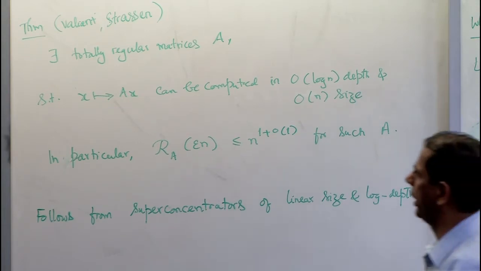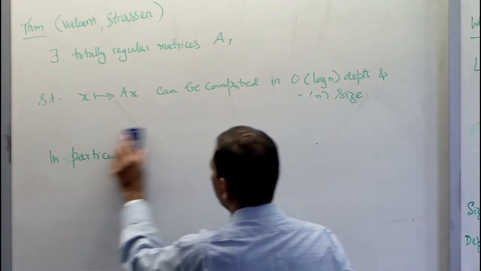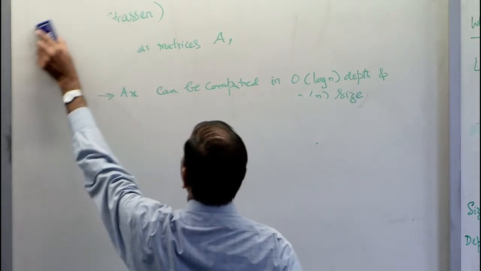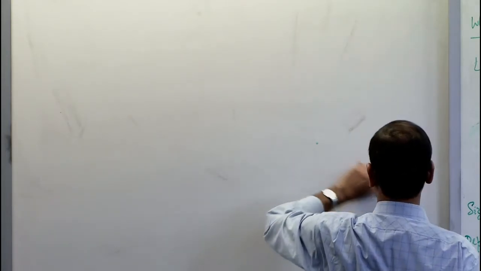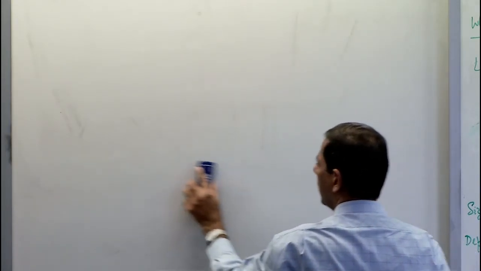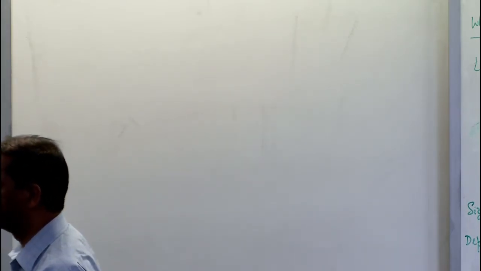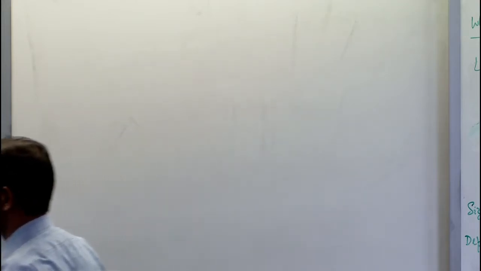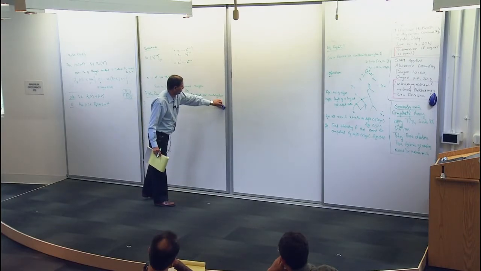So what I'm going to do now is to consider results where we don't get lower bounds for explicit matrices. We get stronger bounds, but we sacrifice on explicitness, and we use more algebra than what we have, or rather, we haven't done anything in algebra so far. So then simple combinatorial arguments.